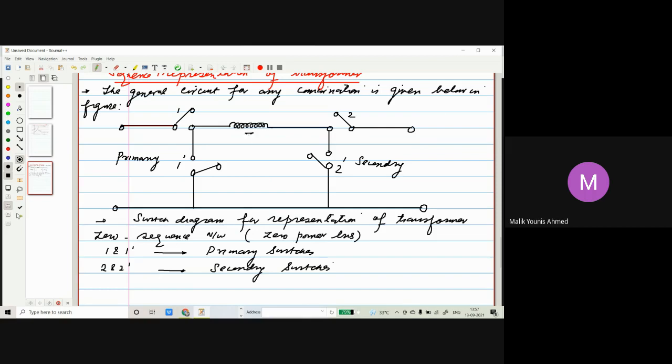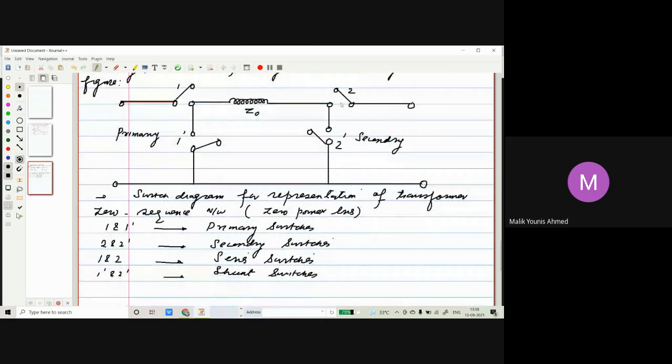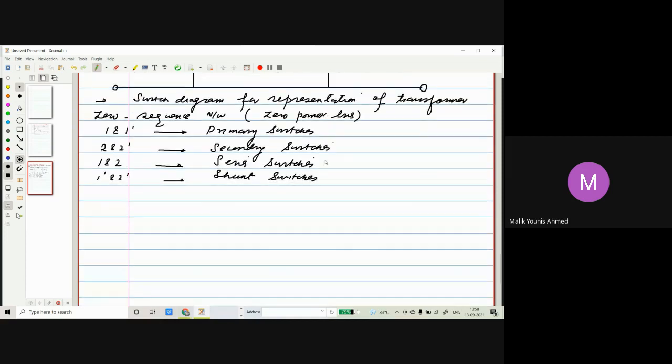Here is the Z0 impedance, the zero sequence impedance. 1 and 2 are called series switches, while 1 dash and 2 dash are called shunt switches. So this is the combination in the circuit: primary switches and secondary switches, on the primary side and the secondary side, series on the series circuit, and shunt on the shunt branches. These are the switches. Z0 is the zero sequence impedance.